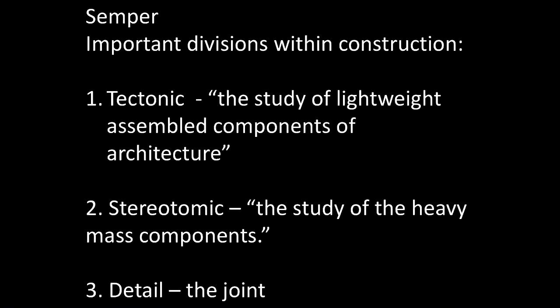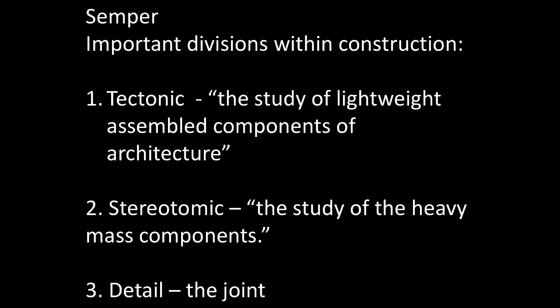And so he makes these two divisions within construction: the tectonic, the study of lightweight assembled components of architecture, and what enters my mind, because it's contemporaneous with when he's writing this, is Paxton's Crystal Palace. You could say that's the model of what would even become steel post-lintel construction, versus the stereotomic, which is the heavy mass components.